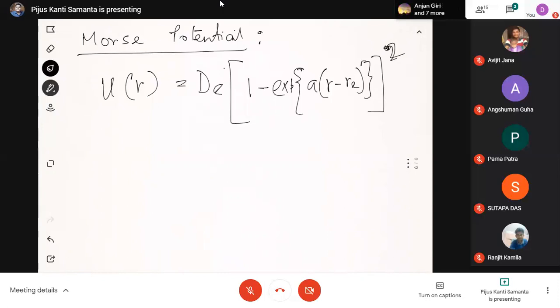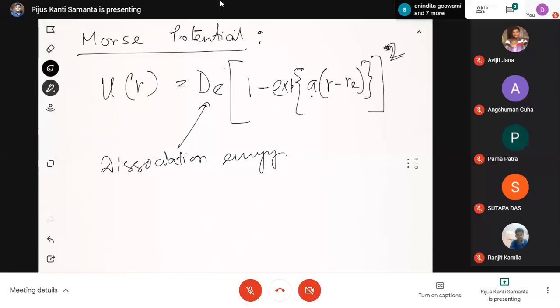What are the factors? This D is known as the dissociation energy, the energy required to dissociate the atoms from the molecule, and this a is a constant. In fact, this is a constant for a particular type of molecule, and this is different for different molecules.